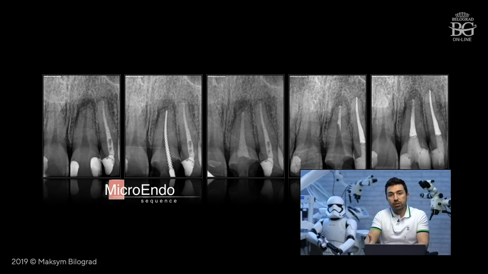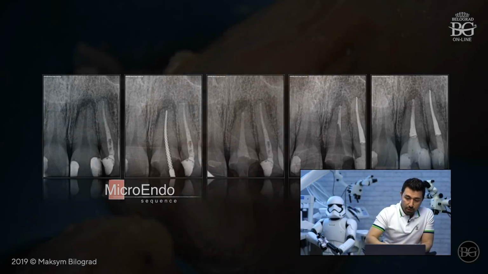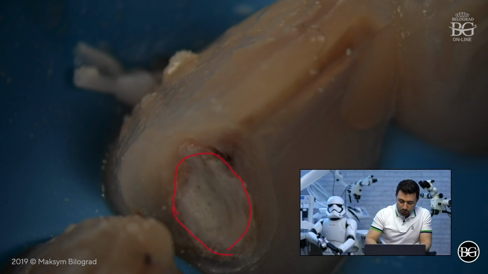The first step was cleaning and shaping. Then we put calcium hydroxide into the root canal system, and then this open apex was plugged with MTA. Then we made obturation, then coronal restoration, and then we ended up with aesthetic treatment utilizing porcelain metal-free crowns.